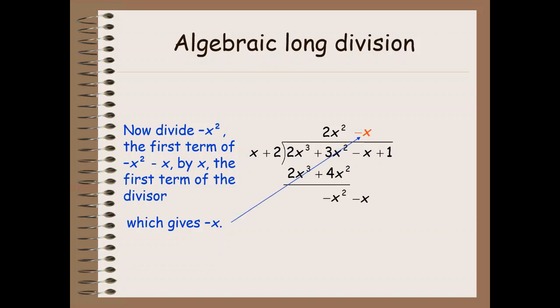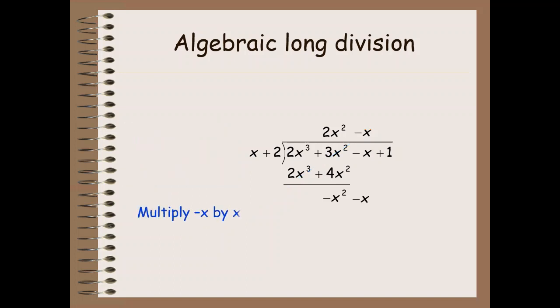So I write that up there beside the first term I found. Next, I multiply that negative x with my divisor. Negative x times x is negative x squared. Negative x times 2 is negative 2x.